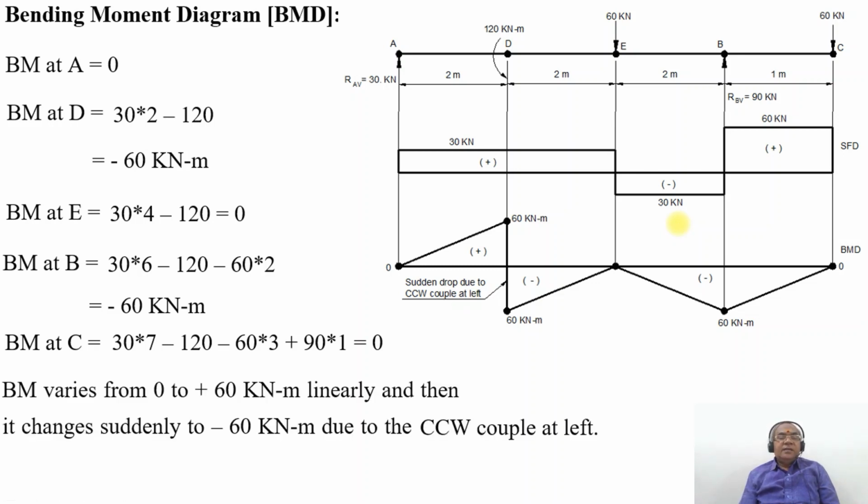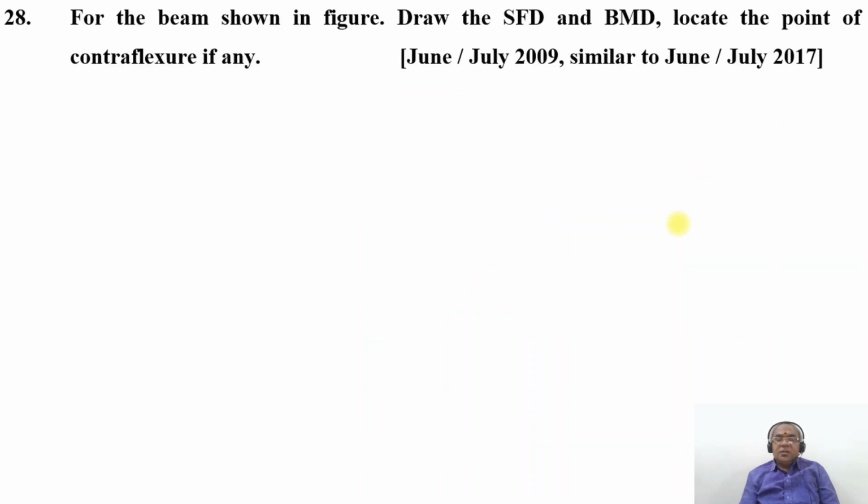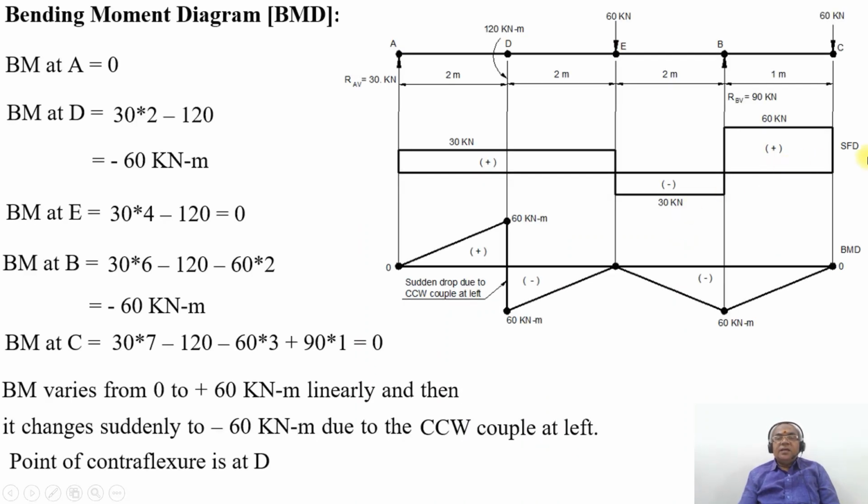So it changes suddenly from plus 60 to minus 60 kilonewton meter due to the counterclockwise couple, and the point of contraflexure is at the point D. That is how we can see the point of contraflexure, which is at the point D, and we know the bending moment changes its sign from positive to negative at the point D. We need not find the distance, because the bending moment changes its sign from positive to negative exactly 2 meters from the support A. Therefore you need not find the point of contraflexure distance.